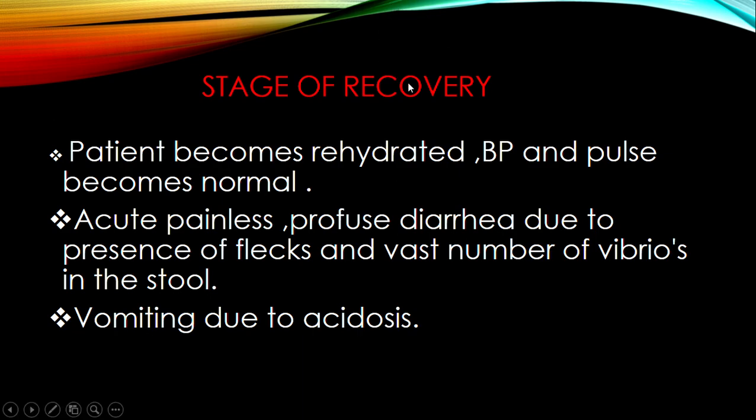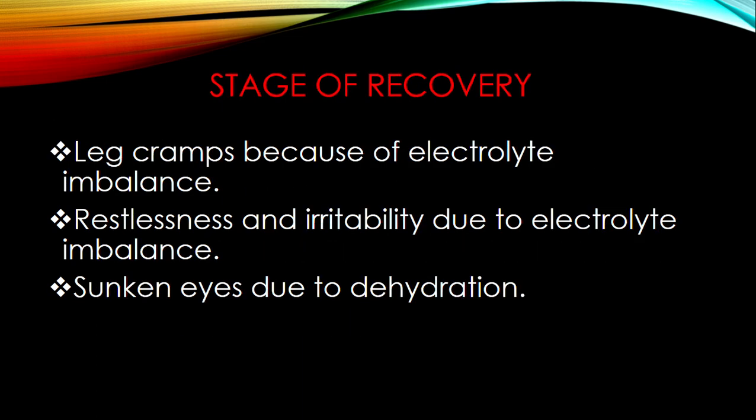So acute painless profuse diarrhea is due to the presence of the vast number of Vibrio cholerae in the stool. There is also vomiting due to acidosis during this stage. Then there are also leg cramps. The leg cramps are due to electrolyte imbalances.